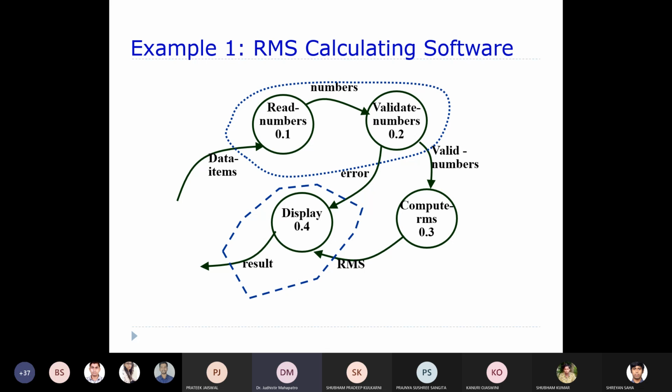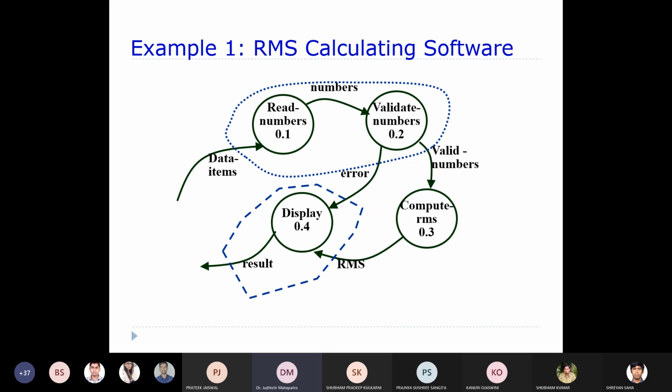The number of bubbles will be divided into these three categories. Now, read numbers all belongs to afferent one, because it is reading data items from the external entity and transforming them into a logical form.